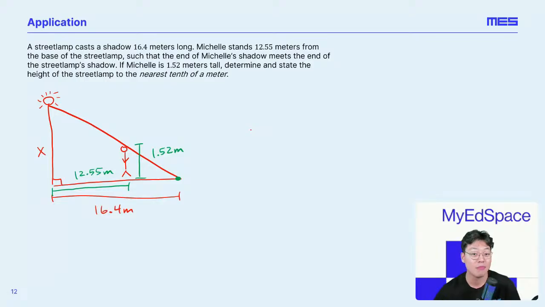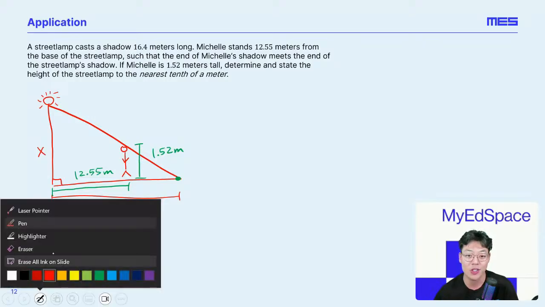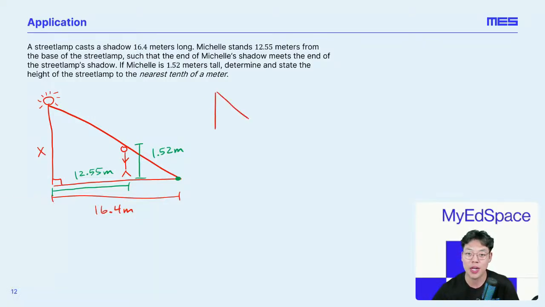So let's set up our normal proportion. But in this case, we have to do a little extra work. We have the bigger triangle and our smaller triangle. Our smaller triangle, the height is 1.52 meters, but this base is unknown, but we can find it.